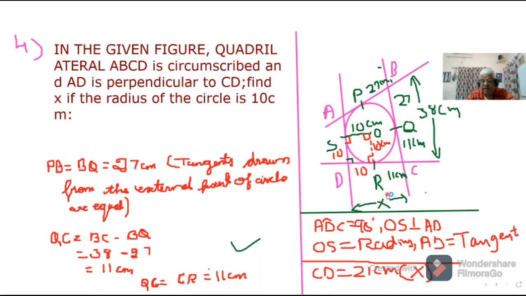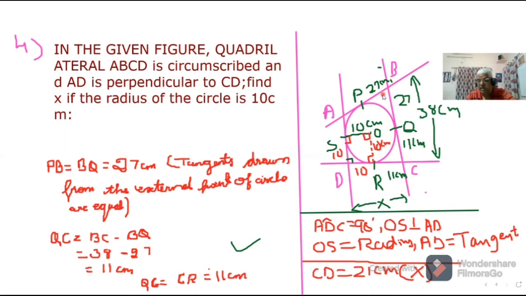Now the first part of the problem, here I take the PB measurement will be equal to BQ measurement because B is the external point and BP and BQ are the tangents drawn from the external point B. Therefore, PB and BQ will be equal. Equal to what?